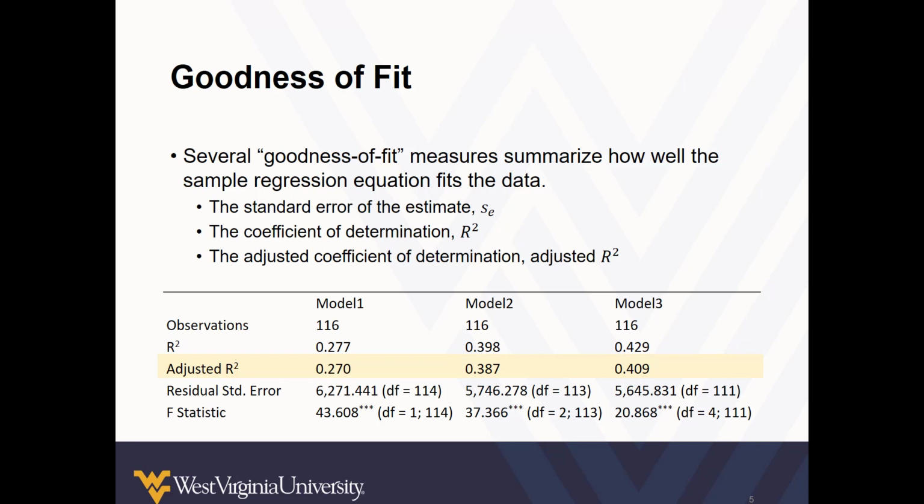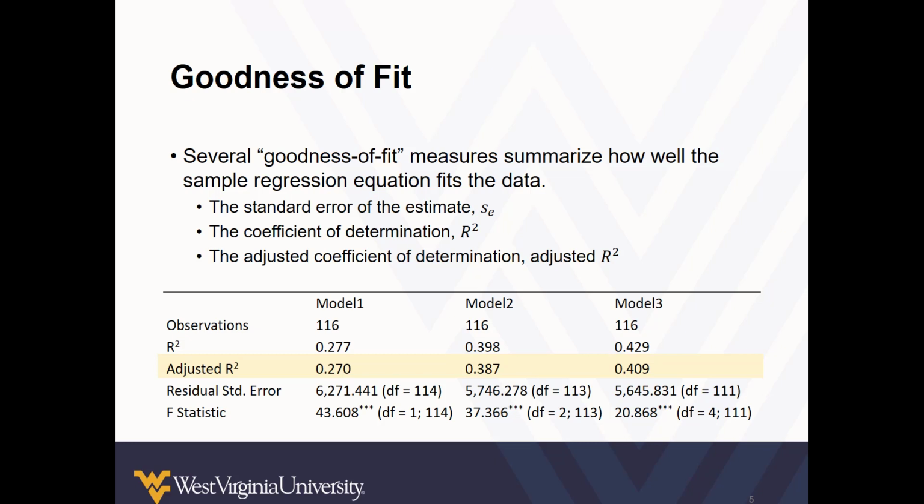However, adjusted R squared is the preferred measure when we're working with multiple linear regression models because it takes into account the additional independent variables in the model. The equation for regular R squared will always produce a larger value as more independent variables are added to a model, even if those independent variables are completely irrelevant.